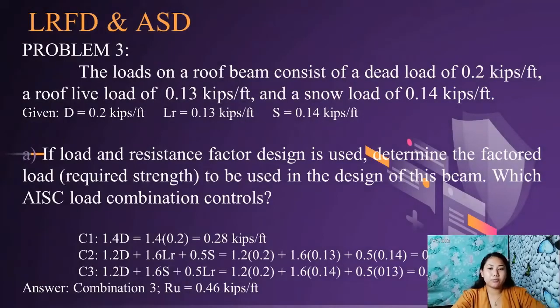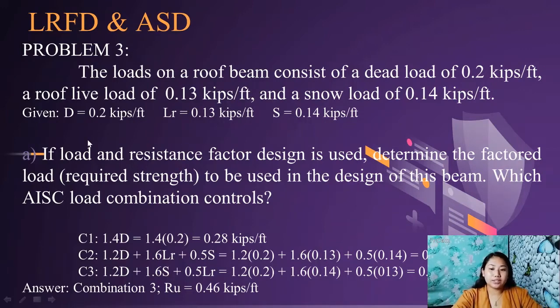Then problem number 3. The load on the roof beam consists of a dead load of 0.2 kilopascal per foot, a roof live load of 0.13 kilopascal per foot, and a snow load of 0.14 kilopascal per foot, and are given.